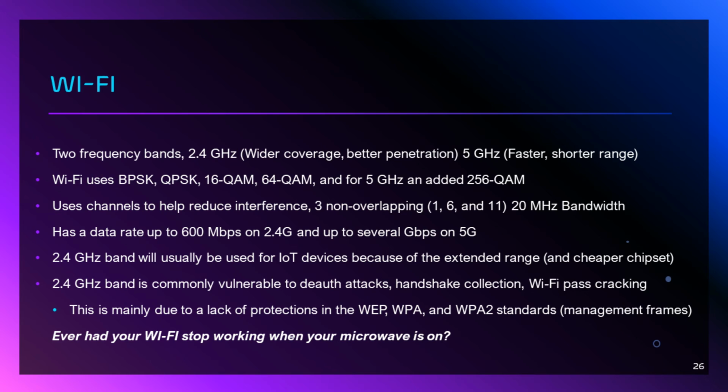And each channel has a 20 megahertz bandwidth, with the exception of 5 gigahertz networks, which can actually use 20, 40, or 80 megahertz channel bandwidths. For 2.4 gigahertz networks, you have a data rate of up to 600 megabits per second, and for 5G, you can get up to several gigabits per second.